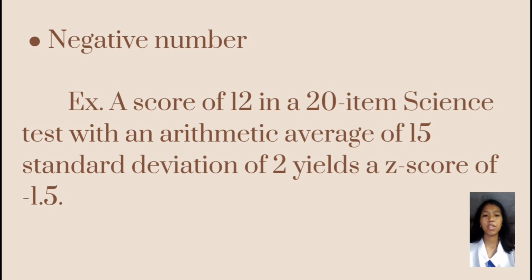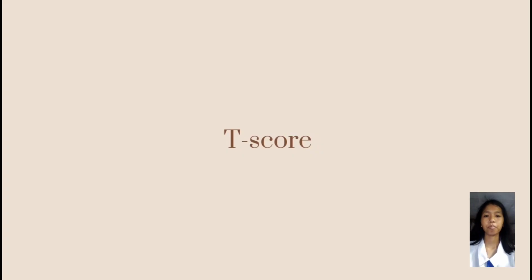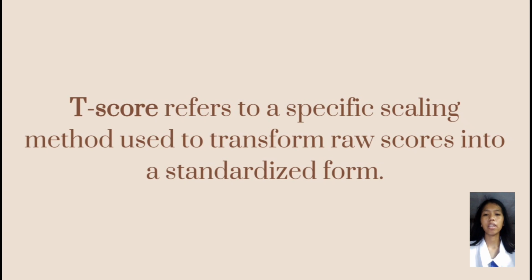To fix this, we can translate it to a percentile rank using the normal table or convert the z to a scale that does not include negative values, like the T-score. So the T-score refers to a specific scaling method used to transform raw scores into a standardized form.